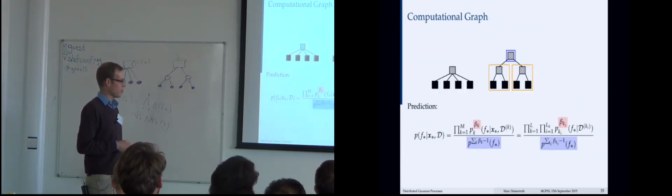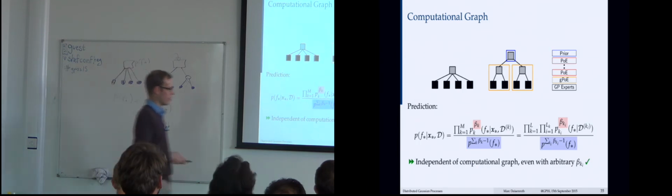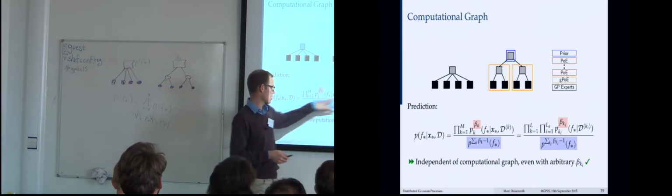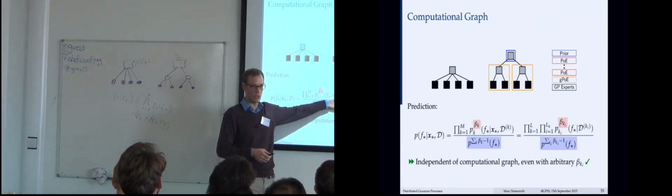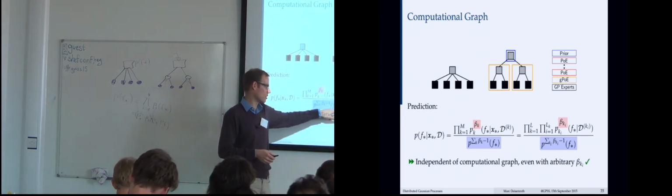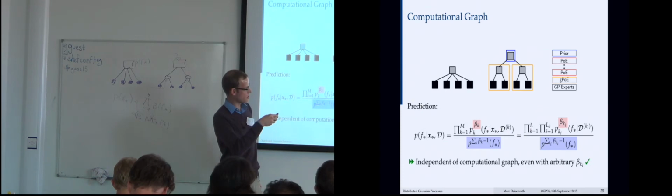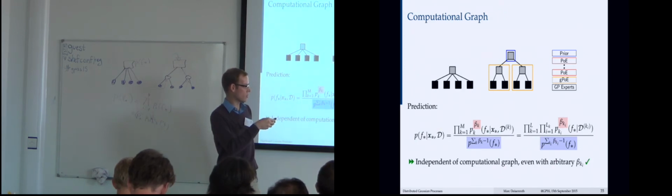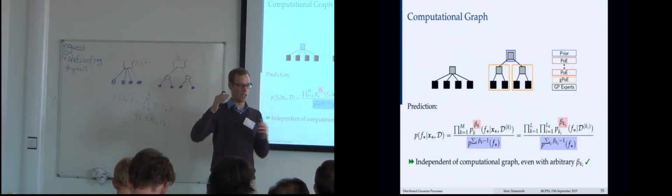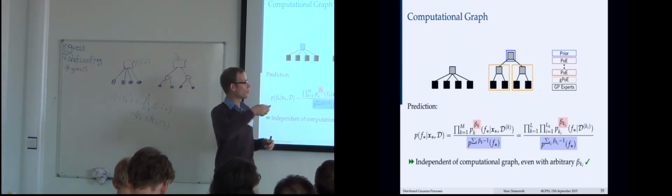It is also independent of the computational graph, by seeing that the top is a generalized product of experts model, which is independent, and then you do the normalization at the root node. So if you look at this stacked model again, you first have the GP experts, then you run one Gaussian generalized product of experts model, and then you just keep propagating the sum of beta k's of the subtree up to the root node.